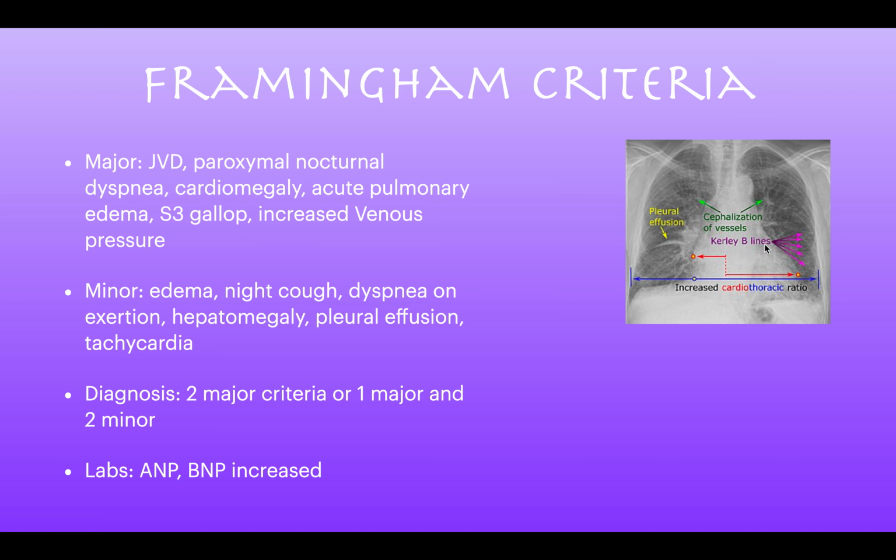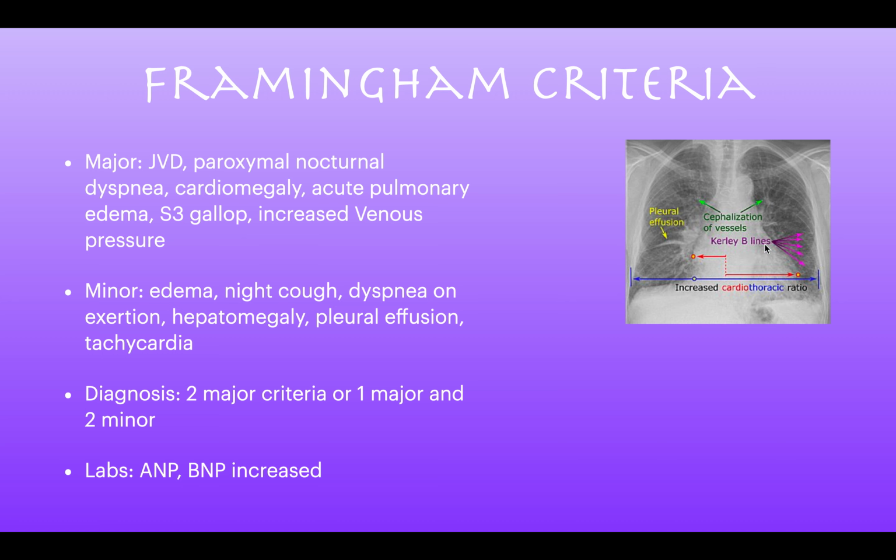The diagnosis for the Framingham criteria is 2 major criteria, or 1 major and 2 minor. That depends on the clinician, so that is up to some debate. However, what is not up to any debate is the labs. In heart failure, ANP and BNP are going to be increased.